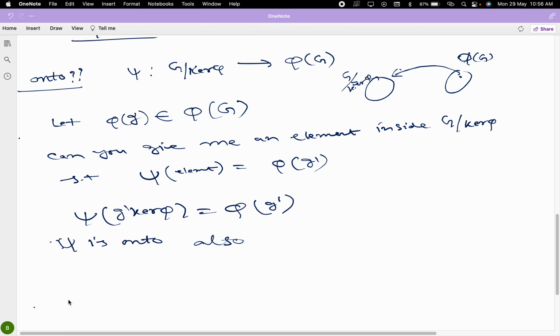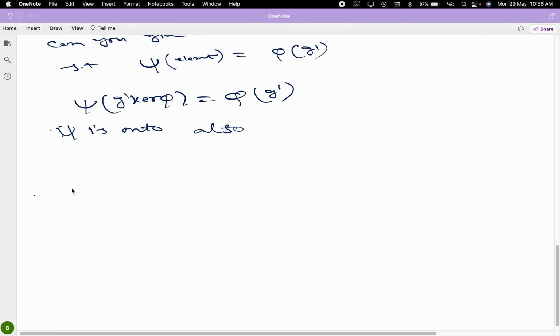Okay. So psi is a bijective group homomorphism.